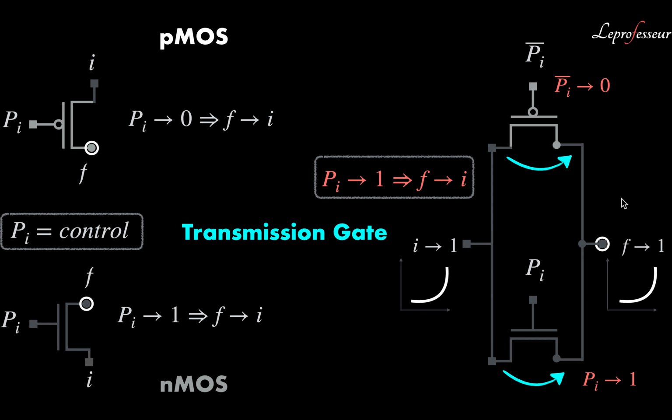As you can see here, we have used both PMOS and NMOS: PMOS for transmitting logic 1 from input to output, and NMOS for transmitting logic 0 from input to output.